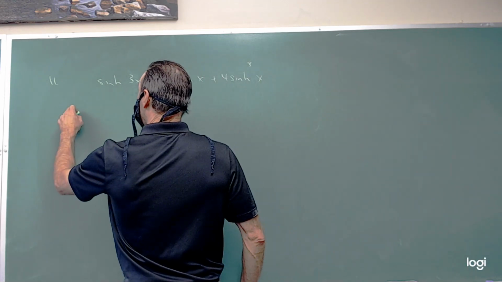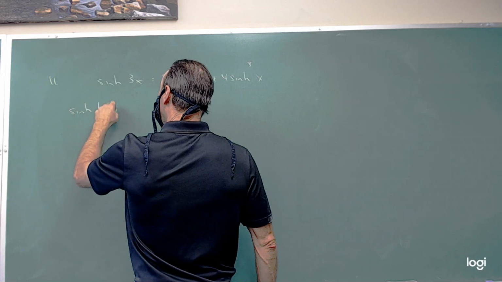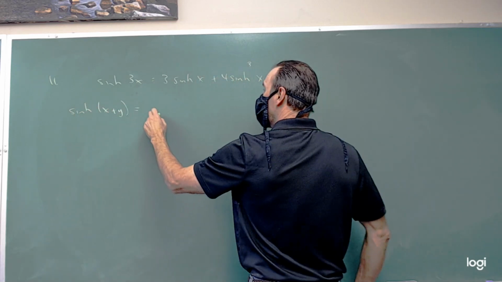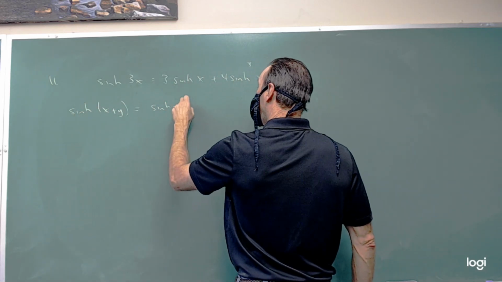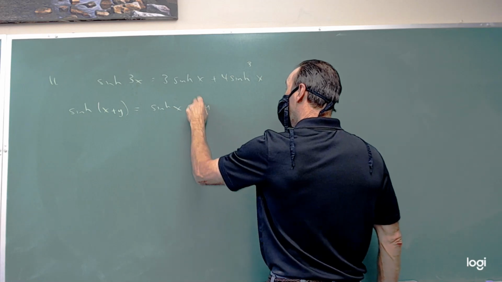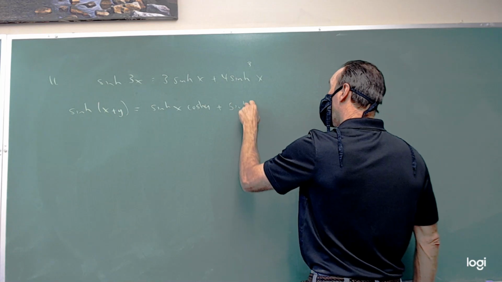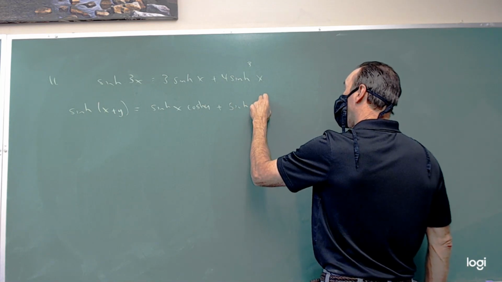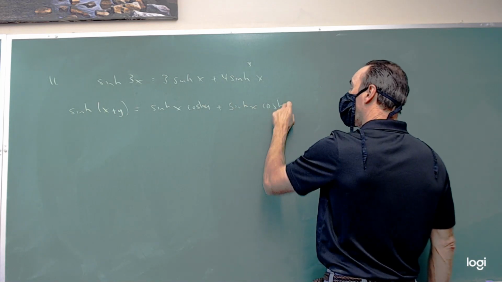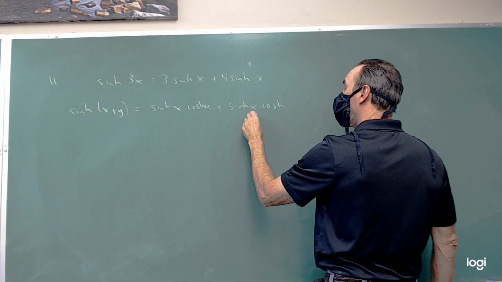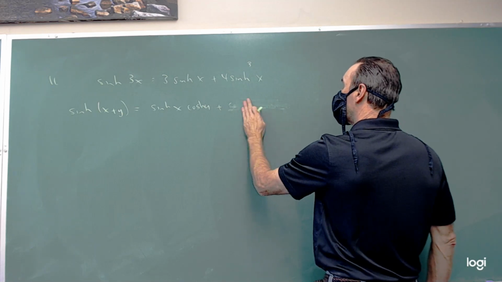The hyperbolic sine of x plus y, what that says, Macy? Hyperbolic sine x, hyperbolic cosine y, plus hyperbolic cosine x, hyperbolic sine y. So sinh x cosh y plus cosh x sinh y.